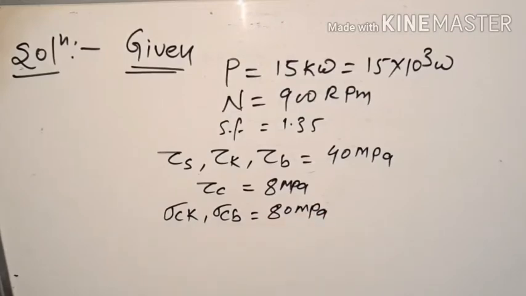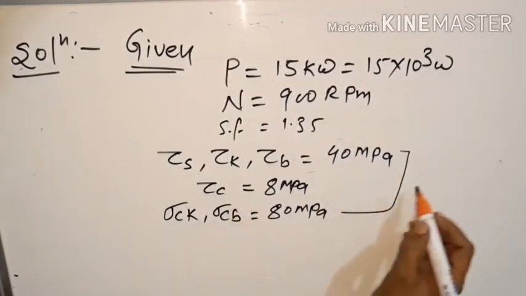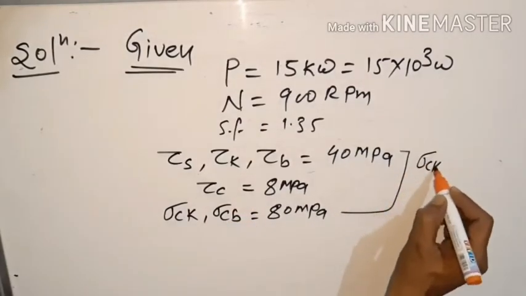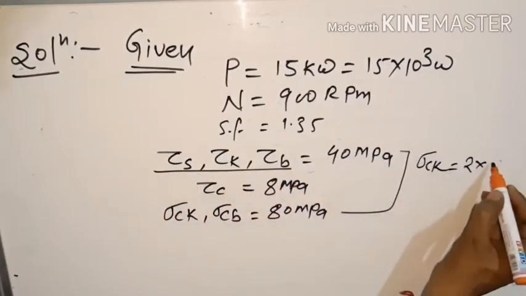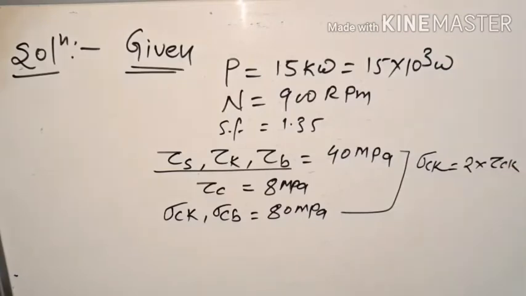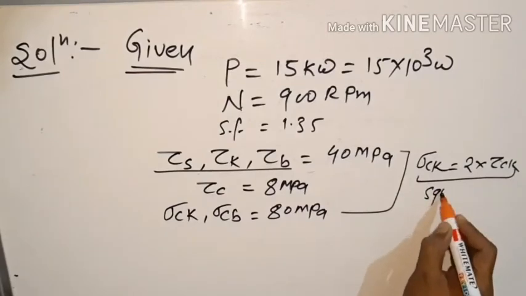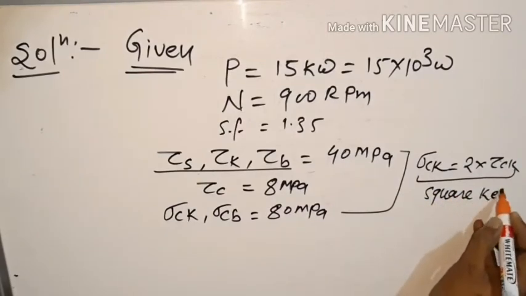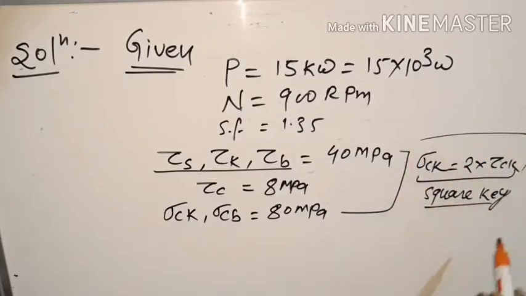Now just one minute, we are looking at this. Here you can see that the crushing stress is twice the shear stress for the key. This is only done with a square key.